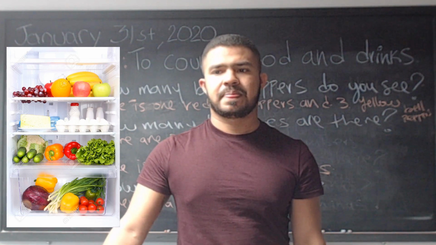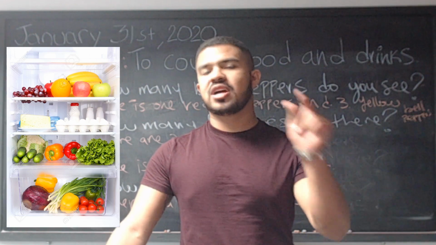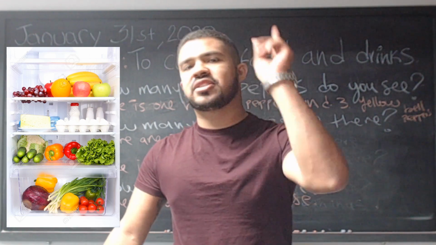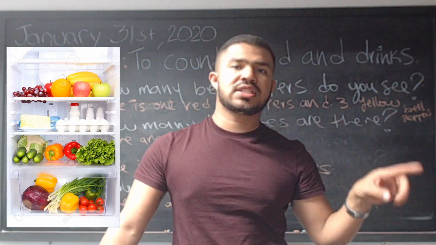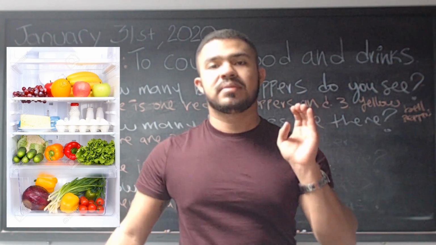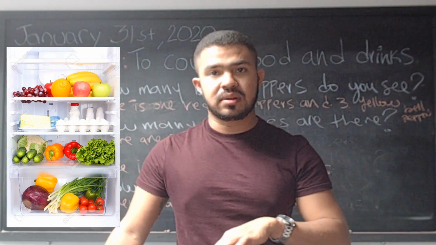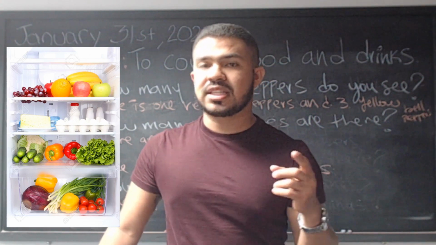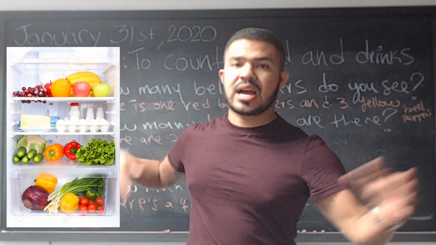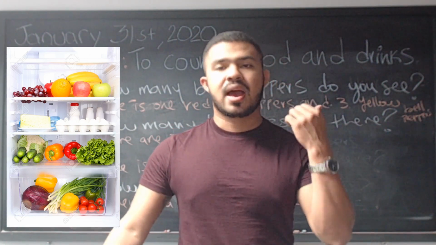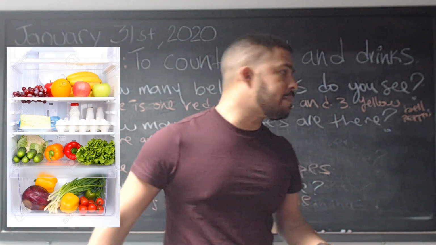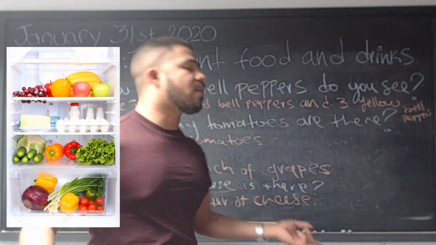Benjamin, there is 1 cheese. That's incorrect since cheese is uncountable. Para contar el queso necesitamos una expresión como las que acabaron de decir tus compañeros, como a piece of, a big piece of, or a quarter of.